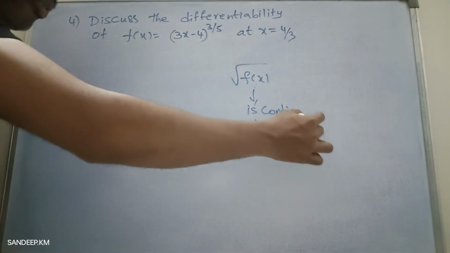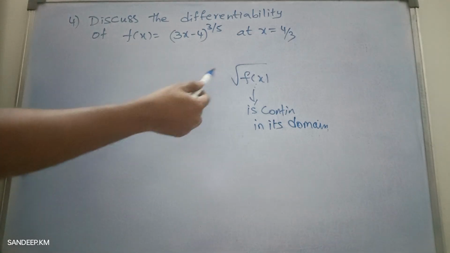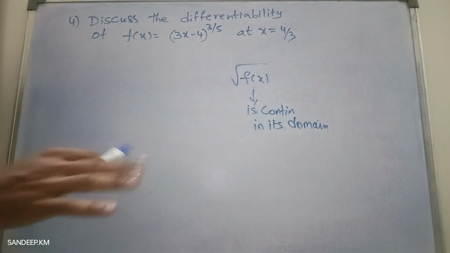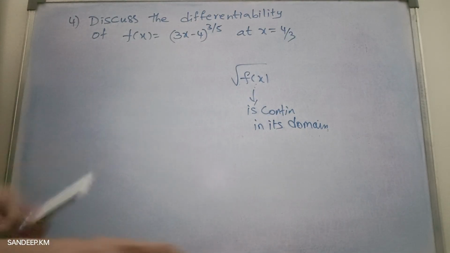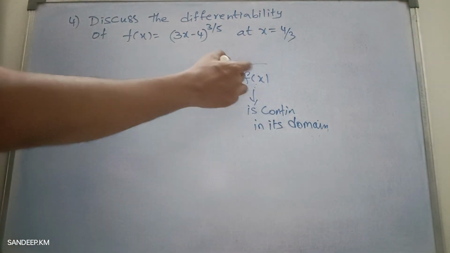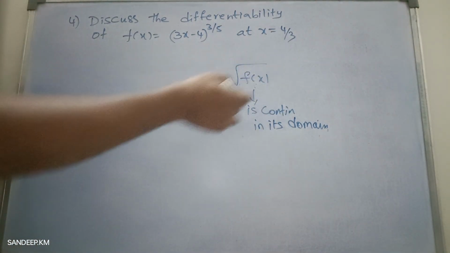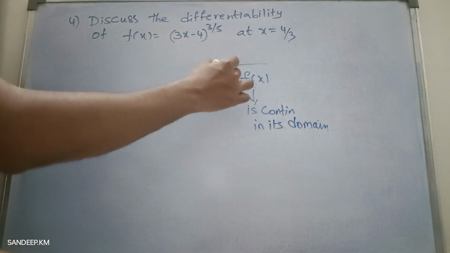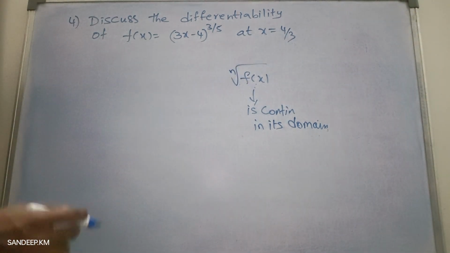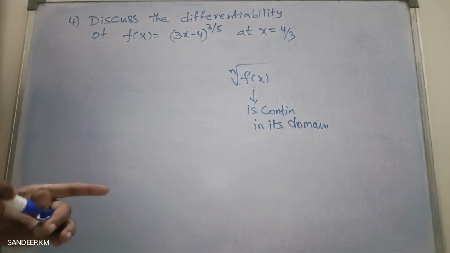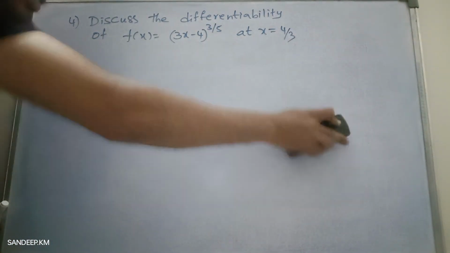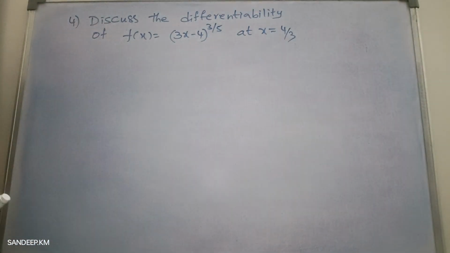Not only root, any positive rational power, not negative rational power, so some nth root of f of x is continuous in its domain if f of x is a polynomial. Okay, fine. Let us directly check whether it is differentiable or not.